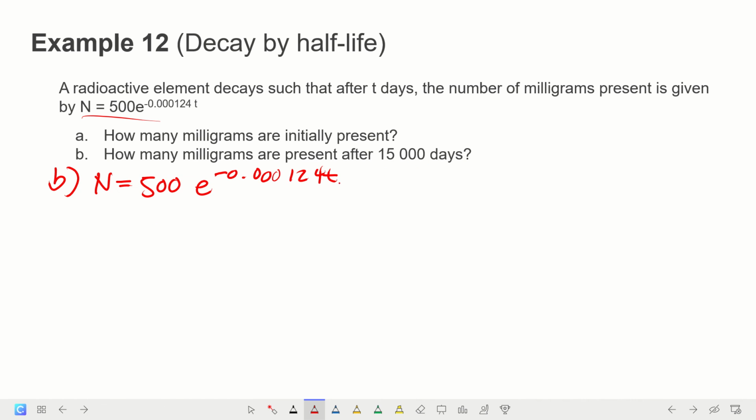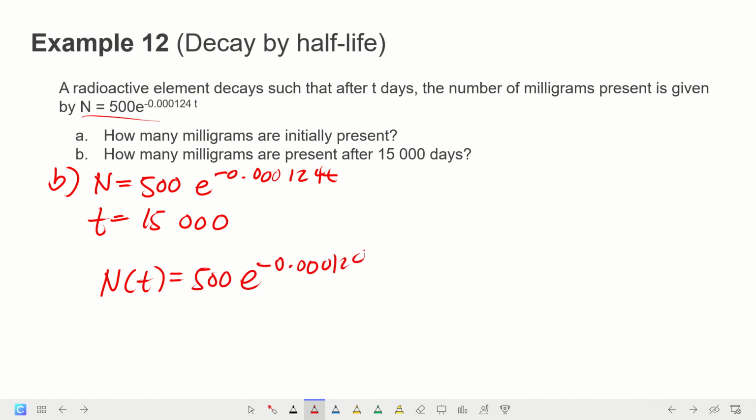Since we already have a model, what we need to do is evaluate this function at t equals 15,000 days. So, N of T is equal to 500 times e raised to negative 0.000124 T, where t is equal to 15,000.